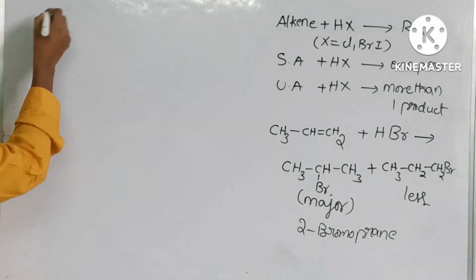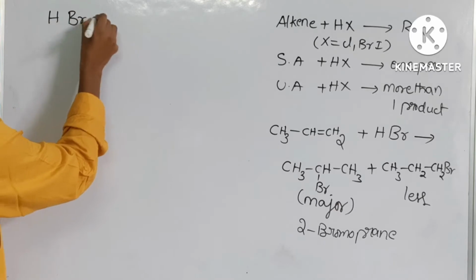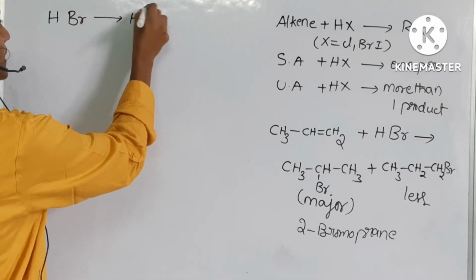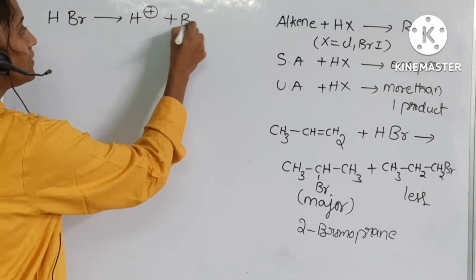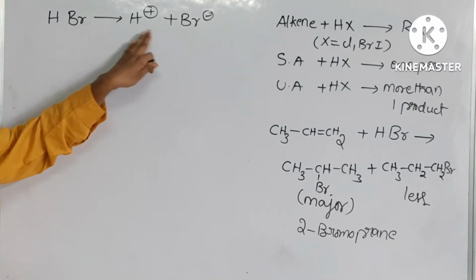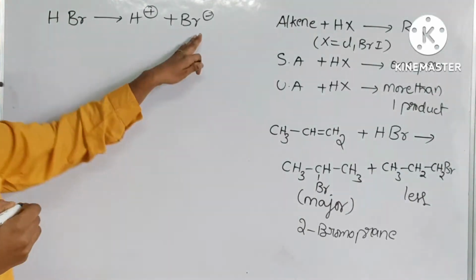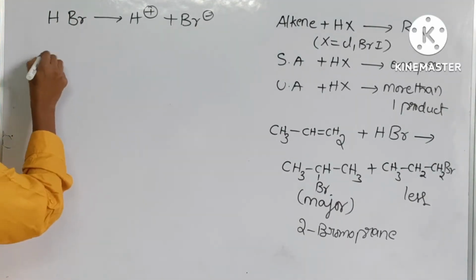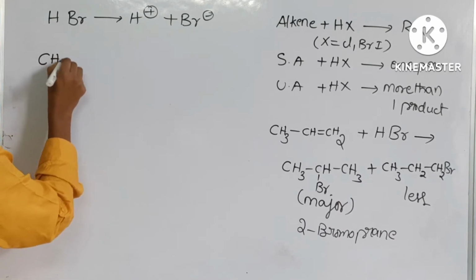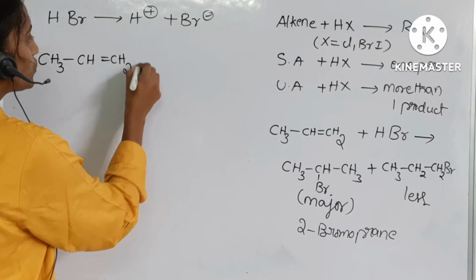See, hydrogen bromide gives you H plus and Br minus. This H plus is the electrophile. The negatively charged species is nothing but a nucleophile. So here this is propene, CH3 CH double bond CH2.